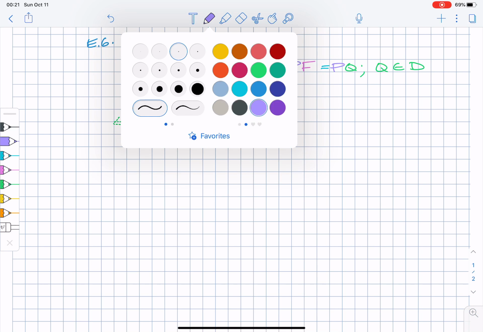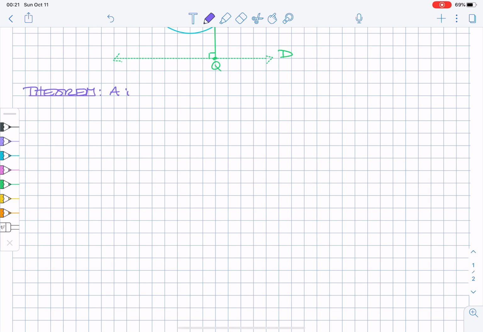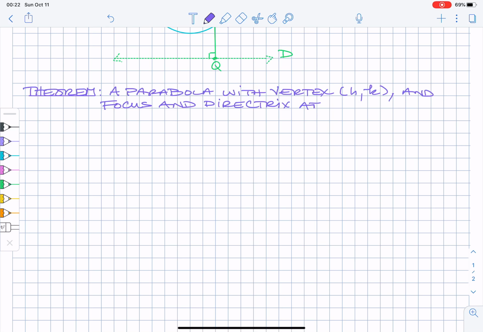So theorem. Okay, so a parabola with vertex, no longer center, it's vertex now, with the vertex (h, k), and focus and directrix at a length, call it p, from the vertex, are given by, and we have two possible orientations.